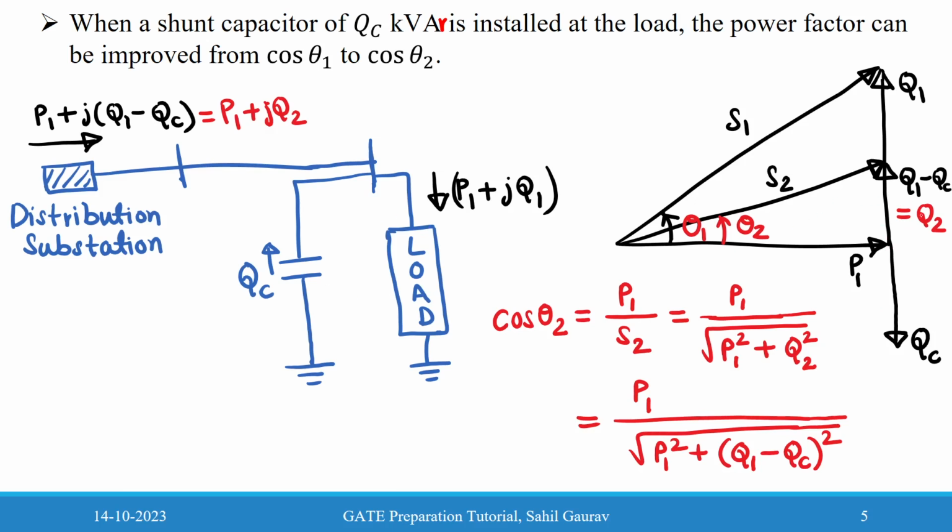So the net reactive power drawn from the distribution side is Q1 minus QC, that is Q2, and the apparent power also gets reduced, and the active power P1 remains as it is. So how can you write cos theta 2? Cos theta 2 will be P1 divided by S2, and S2 will be the square root of P1 square plus Q2 square, and Q2 square is nothing but Q1 minus QC whole square. In this way you can see that this theta angle gets reduced and the power factor improves.